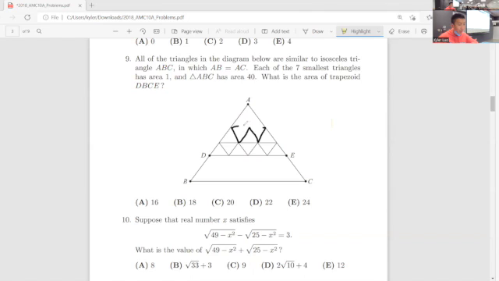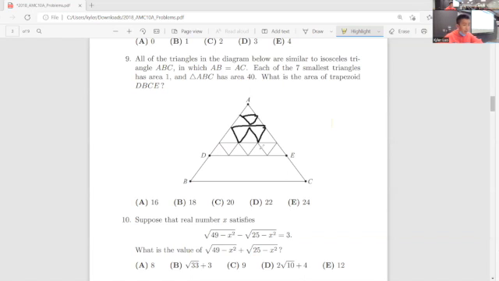So you can basically just draw out all of these triangles. So then all of these triangles combined will make up the top half of triangle ABC.